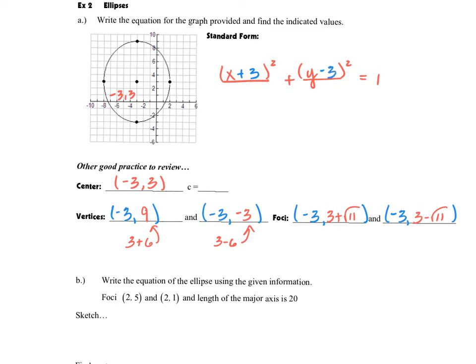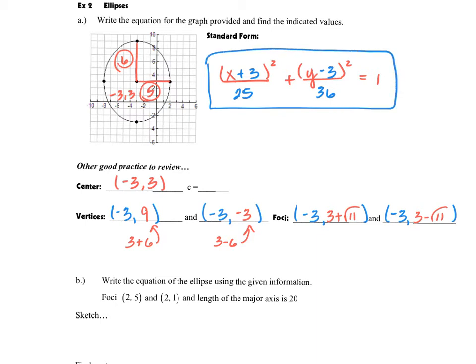Then we're going to go back to our graph and count this horizontal distance from the center to the ellipse, and we're going to see that that's a 5. If we count the vertical distance from the center to the ellipse, we're going to find that that's a 6. We can use those two numbers because the horizontal distance squared, that 5 squared, will go under the x's, and the vertical distance squared, 36, will go under the y's. And that is your entire equation for your ellipse.